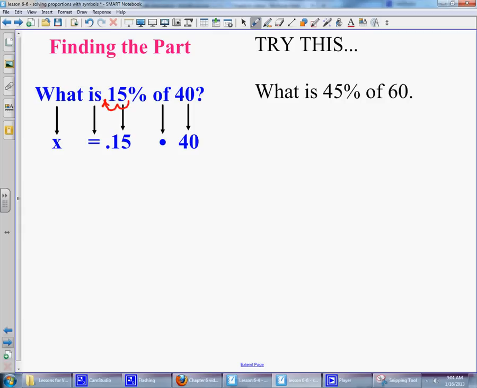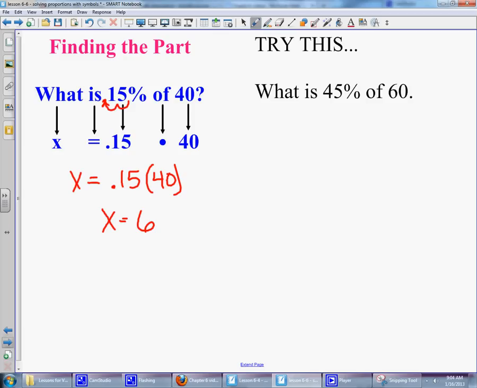So we move the decimal 2 places to the left, which makes that 0.15. We have the multiplication for of, and then 40 just stays the same. So we have x equals 0.15, and I'm going to use the parentheses instead of a dot so we don't get it confused with a decimal point, times 40. So 0.15 on your calculator times 40 is equal to 6. So 6 is 15% of 40.